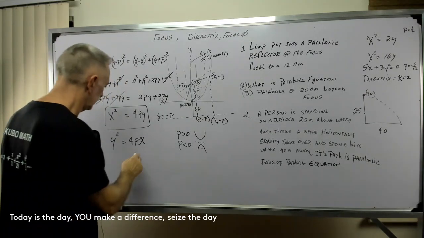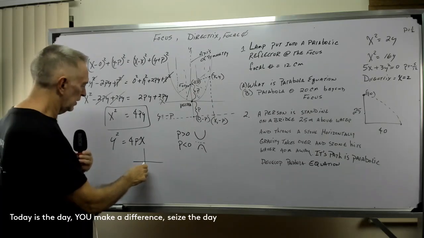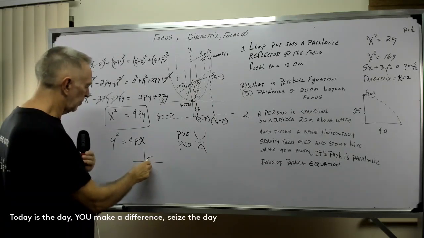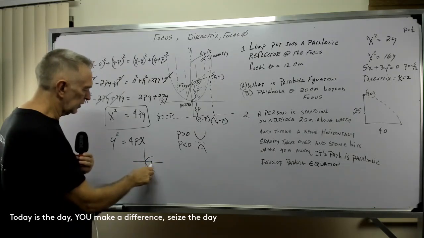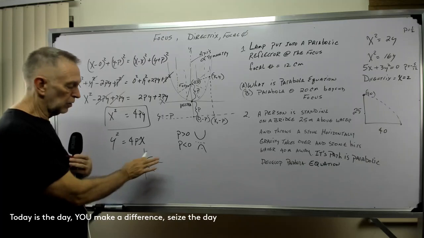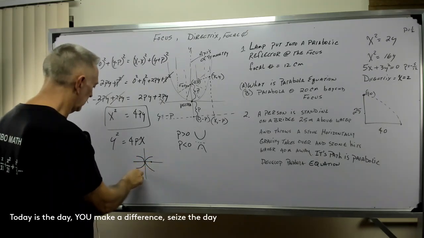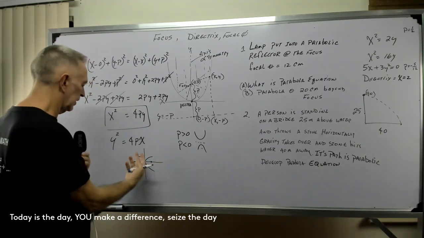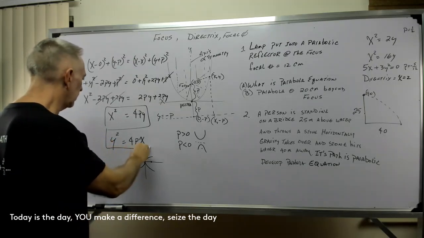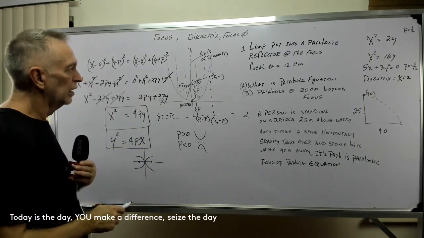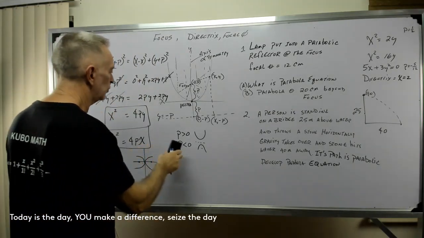In that case, if p is greater than 0, then the parabola opens in this direction, because now p is along the x-axis and the focus would be over there. It's positive. But if p is negative, then its focus is over here and it's turned to the left. Okay, so those are the two equations that we're going to work with, and work just a few problems to try to understand how we can use this.